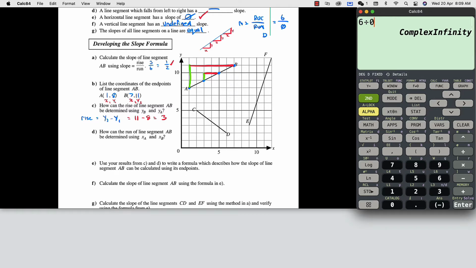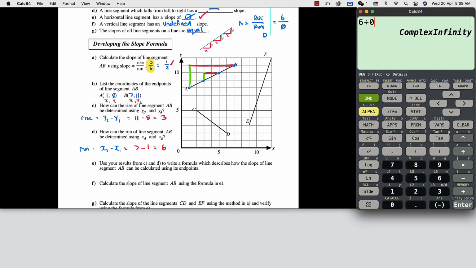And for the run, it would be the same thing, except it would be x2 minus x1, which is going to equal, in this case, 7 minus 1, which equals 6, which is exactly what we ended up getting right up here in part A. So use the results from C and D to calculate the slope of the line.